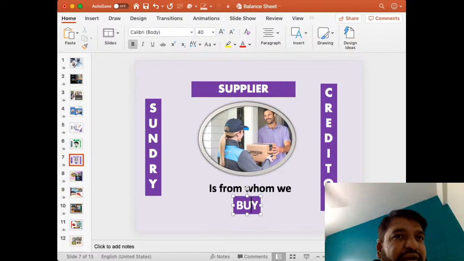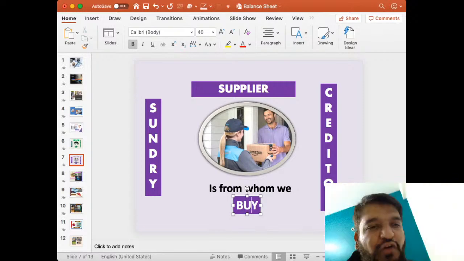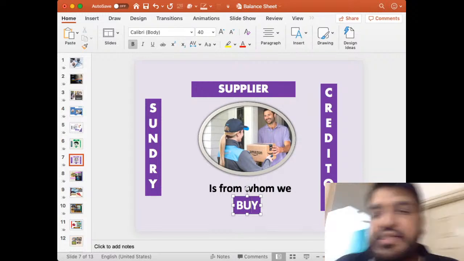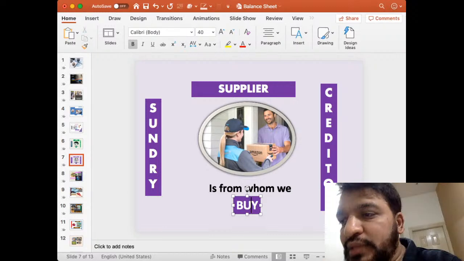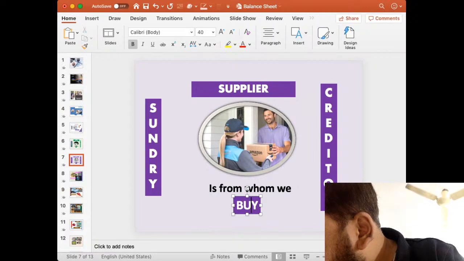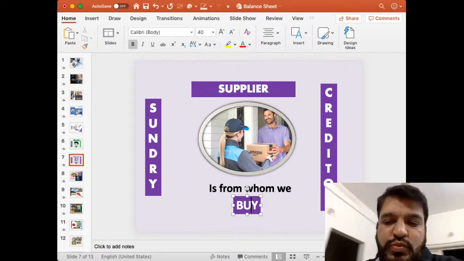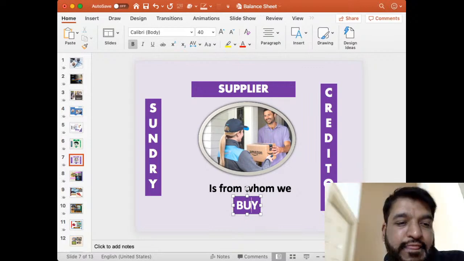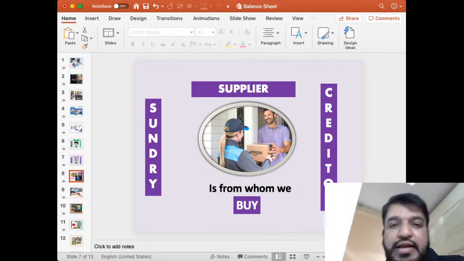In sundry debtor, they buy from us on credit, and in sundry creditor, we buy from them on credit. So that's the difference. Right. Now, let's look at the next one.